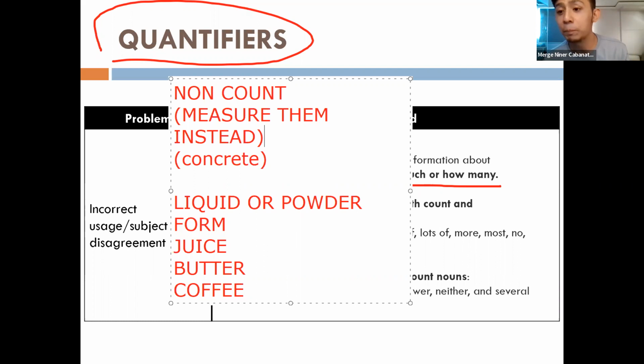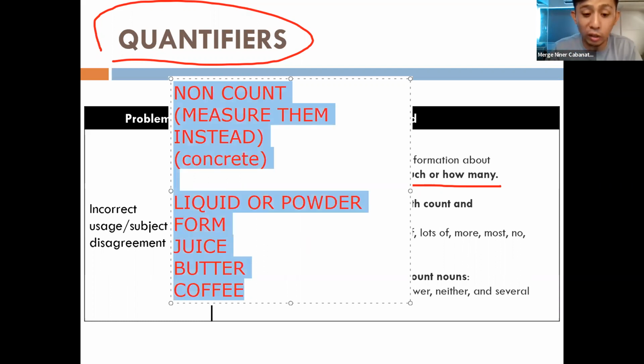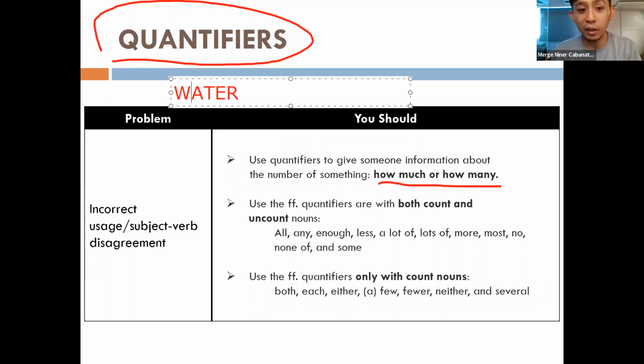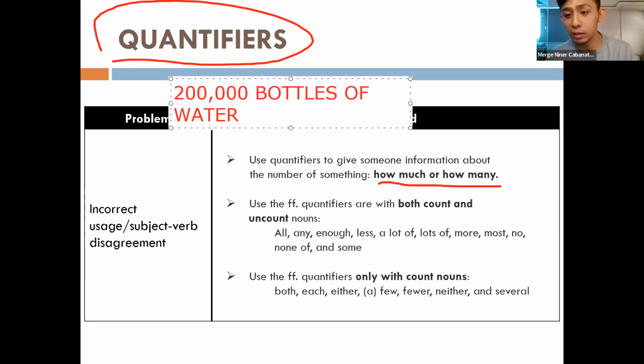What do you mean by measure? Naglalagay tayo ng quantifier. So if we cannot measure water, maglalagay tayo ng bottle. Bottles of water. Pwedeng 6 bottles of water, 8 bottles of water, 200,000 bottles of water. What about sugar?